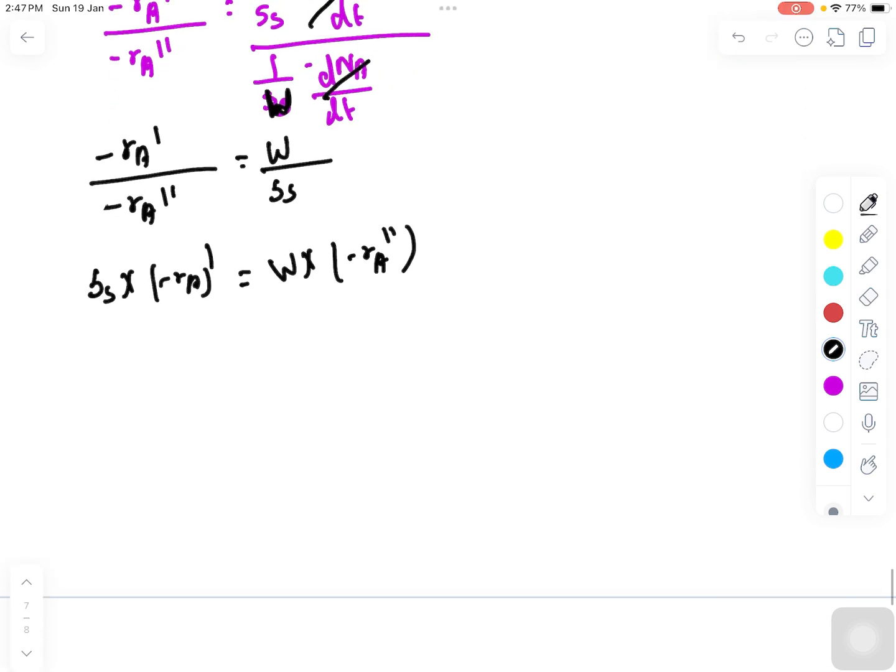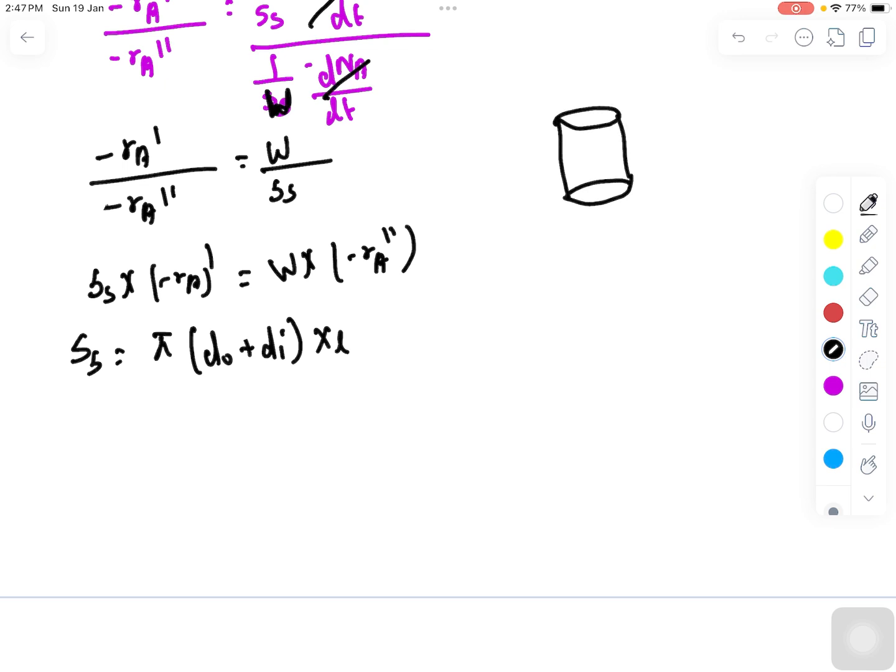Okay, so SS is given. What is SS? SS is equal to pi times d outer plus d inner, multiplied with L. Why? Because the reaction is happening at this particular surface, this particular surface, and this particular surface.